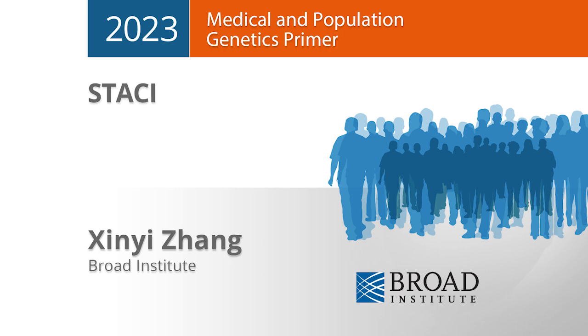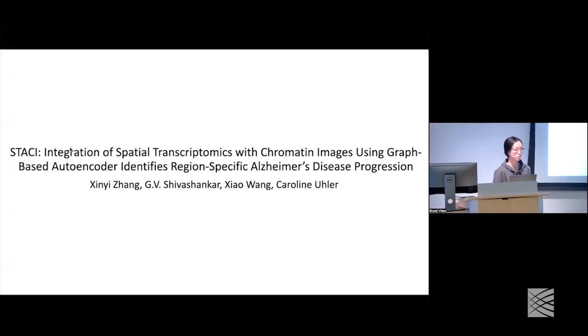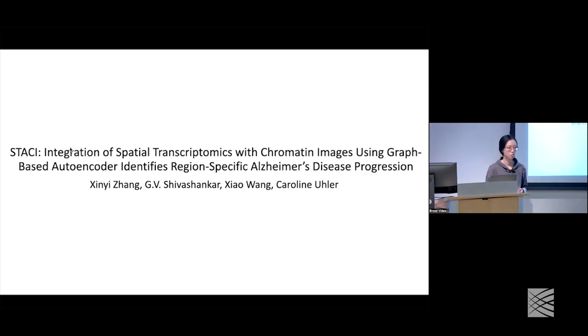It's a method that performs integration of spatial transcriptomics data with chromatin imaging using a graph-based autoencoder. It's broadly applicable to many spatial transcriptomics experiments, including any in situ sequencing methods or methods like 10x BCM or SLICE. We applied our method to an Alzheimer's disease model.